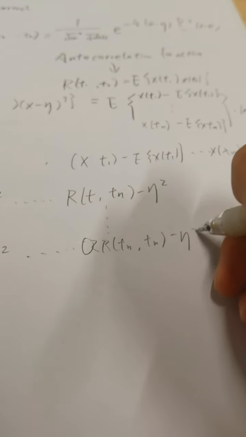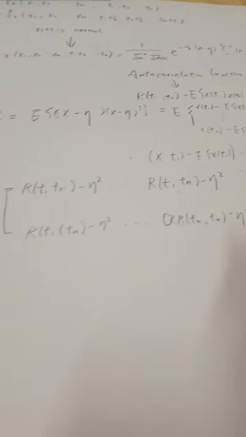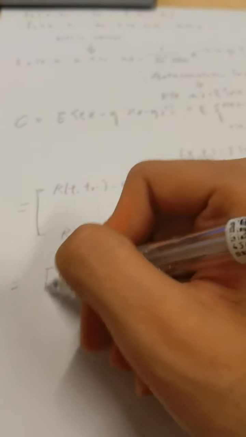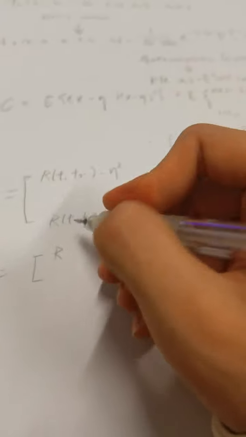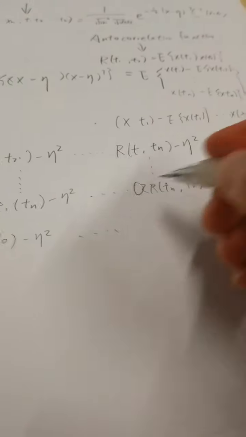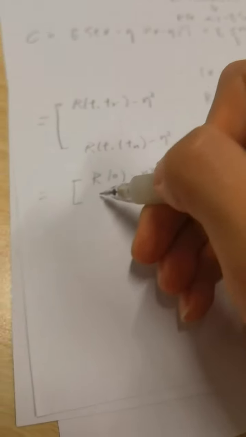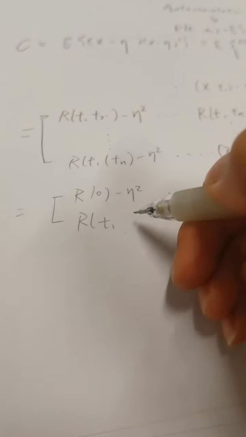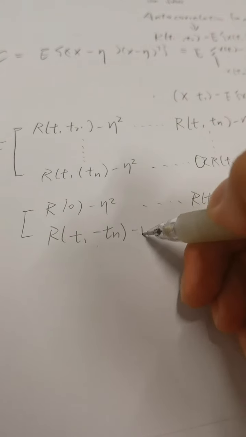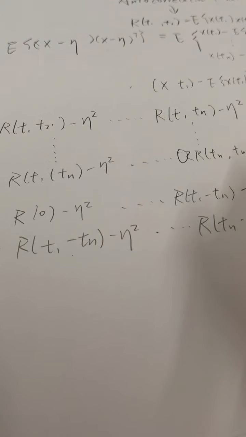This part we can calculate, which is equal to R(0) minus this part, as a function of the time difference, T1 minus Tn, and this part is T1 minus Tn also, to Tn minus Tn.